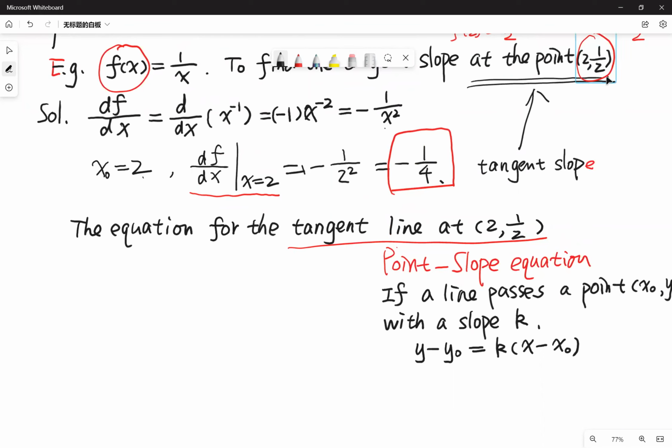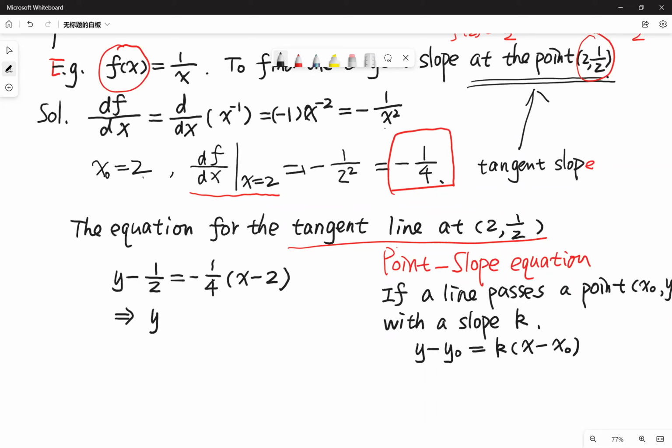Then we can write out the equation for this tangent line: y minus y0, where y0 is 1/2, equals the slope -1/4 times (x minus x0), where x0 is 2. And we get the final equation of the tangent line.